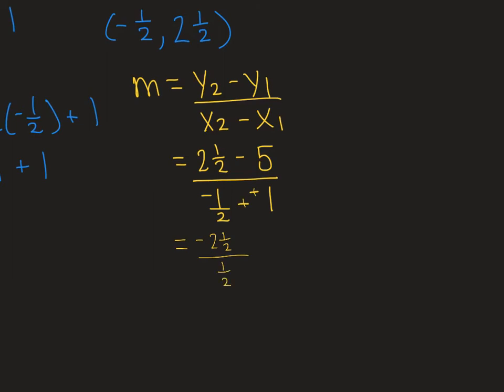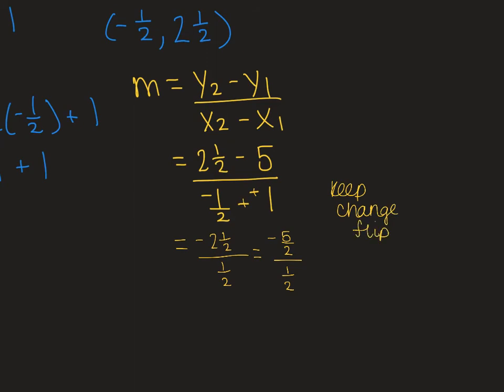So we're going to do a little bit of fraction work. Do not be overwhelmed with fractions. I promise you, they are more scared of you than you are of them. So I'm going to make this an improper fraction in our numerator to get started with. So that's really negative 5/2 over 1/2. And hopefully you remember, keep, change, flip.